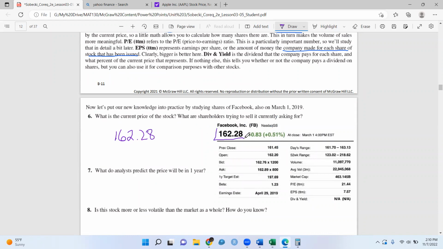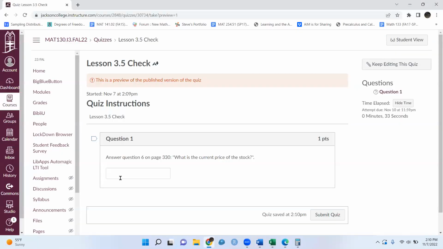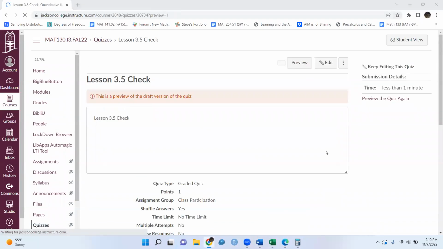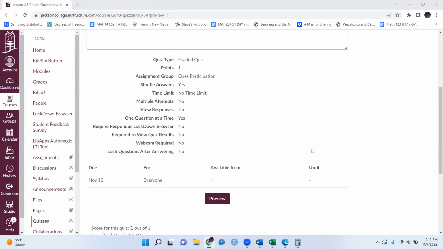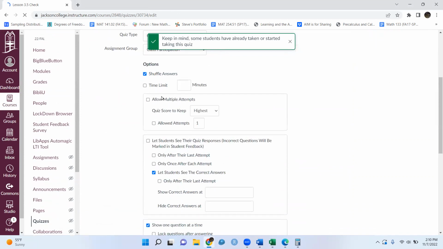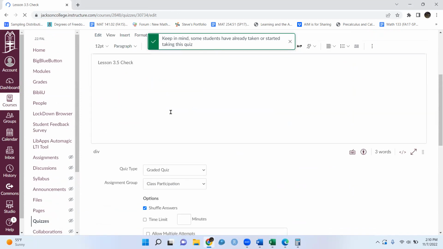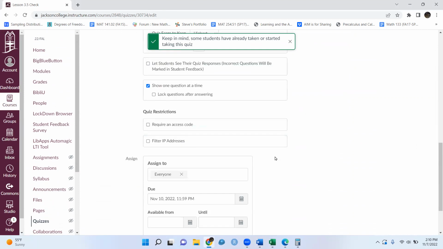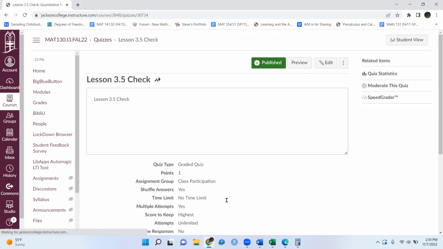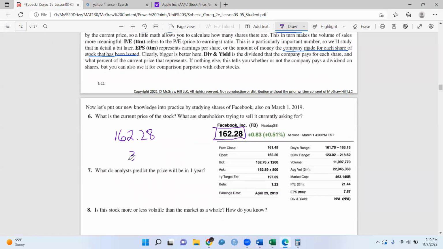So the current price is here, previous close here, open here, and then bid and ask. Let's make sure that actually goes in correctly. Who knows, maybe it changed or I did something wrong. Yay, I got it right. Unfortunately, if you typed it in wrong, it does not allow multiple attempts, of course. Now it does. So I did that super fast. Here's the 3.5 lesson check.